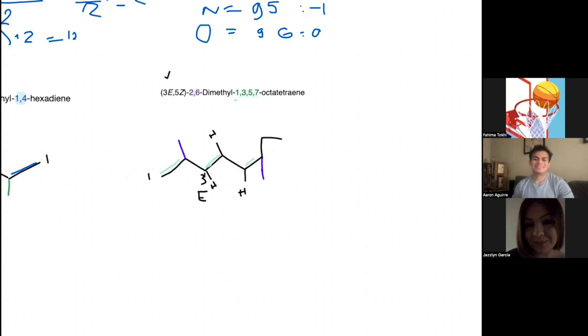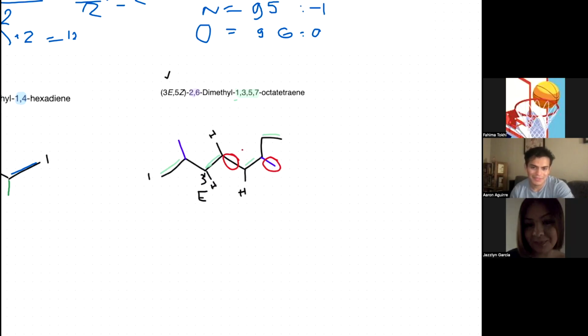Perfect. There we go. There's our weird looking one. Let me erase that. There we go. That tracks because on this double bond, you have a big group on this side, big group down here, so they are opposite.